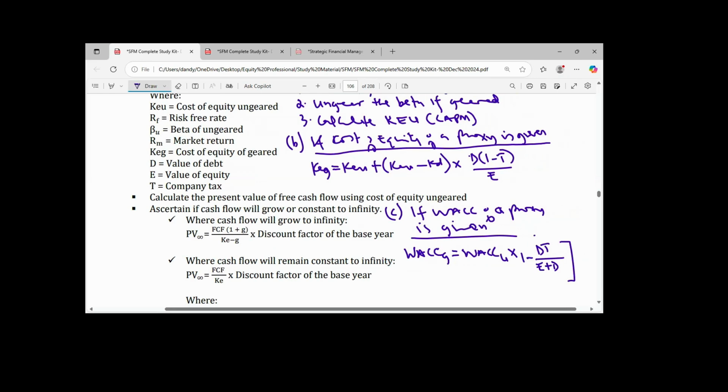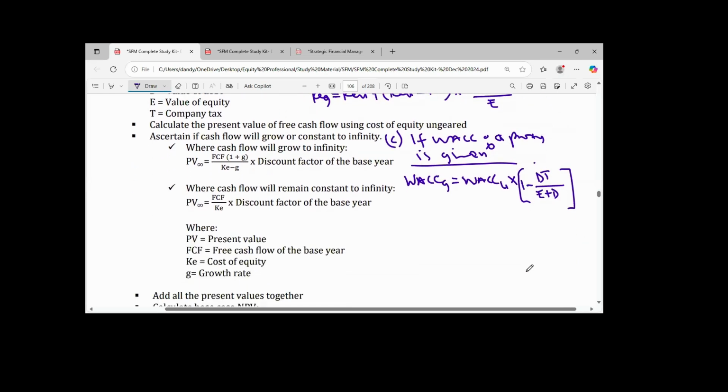to calculate WACC of ungeared, which is, of course, note that WACC of ungeared is the same thing as cost of equity ungeared. Mr. Chwaju would have taught you this under capital structure, theories of gearing. He would have used this same formula for you.